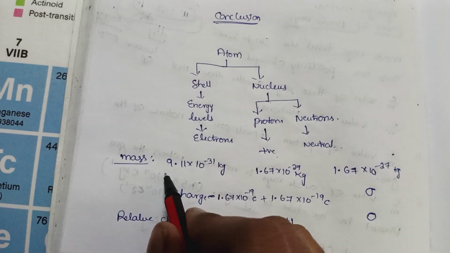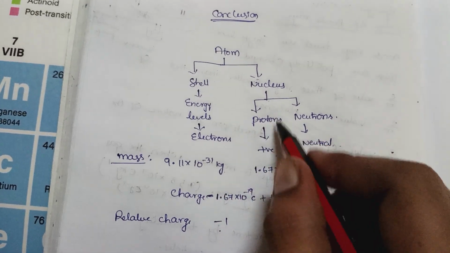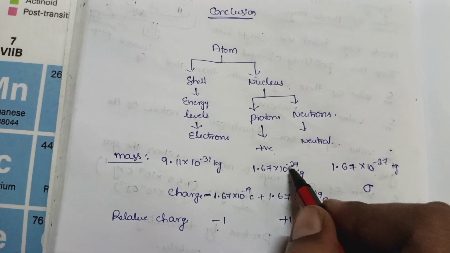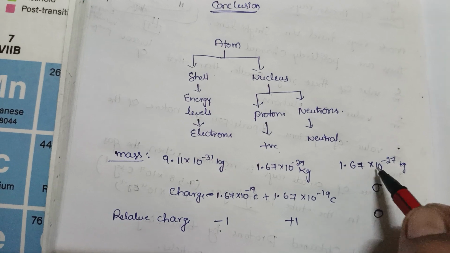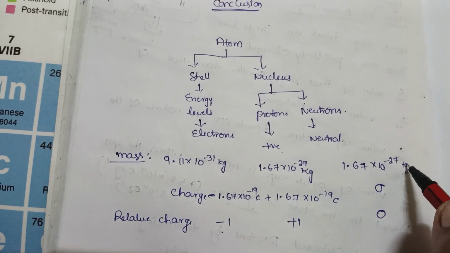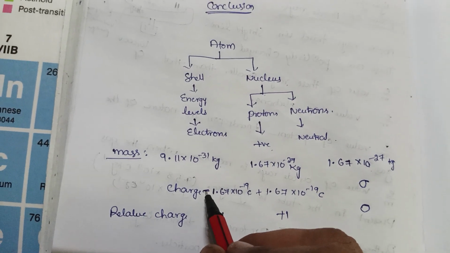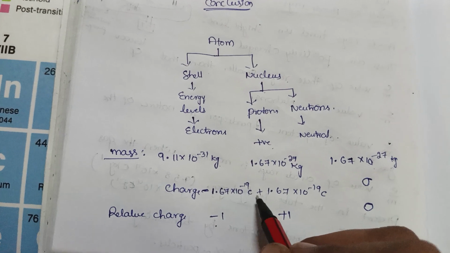The mass of the electron is 9.11 times 10 to the power of minus 31 kg. The mass of the proton is 1.67 times 10 to the power of minus 27 kg. The neutron mass is 1.67 times 10 to the power of minus 27 kg. The charge of the electron is minus 1.6 times 10 to the power of minus 19 coulomb.